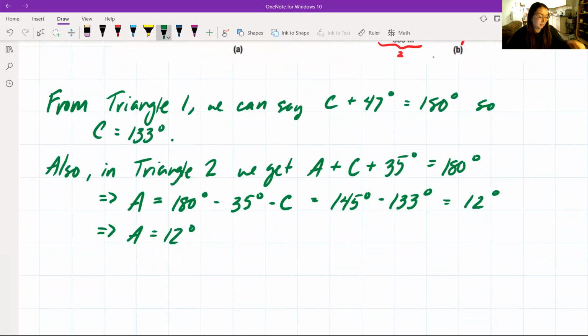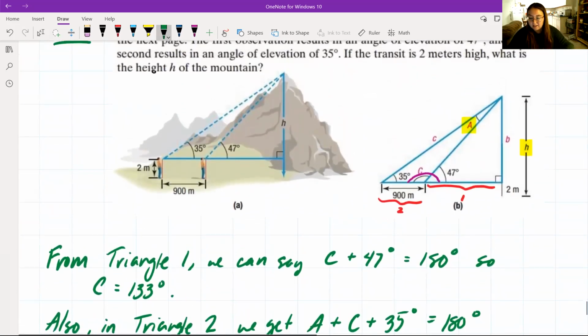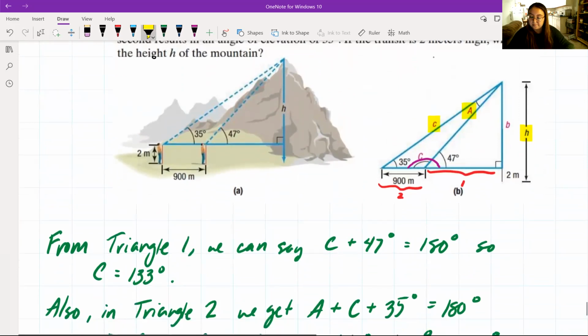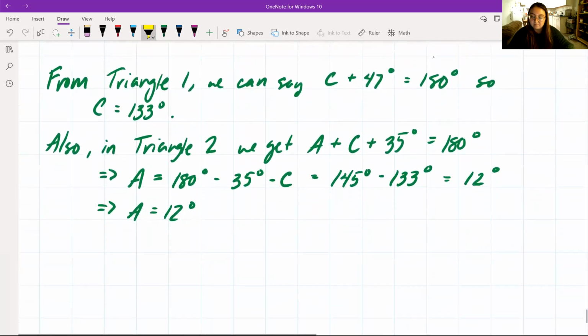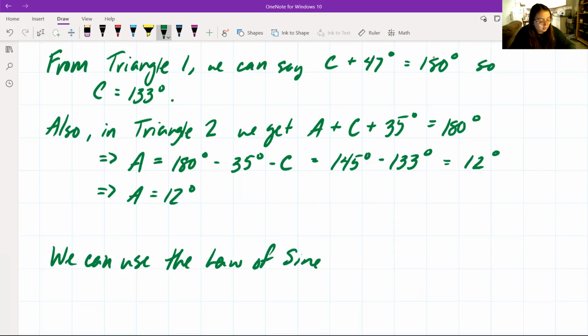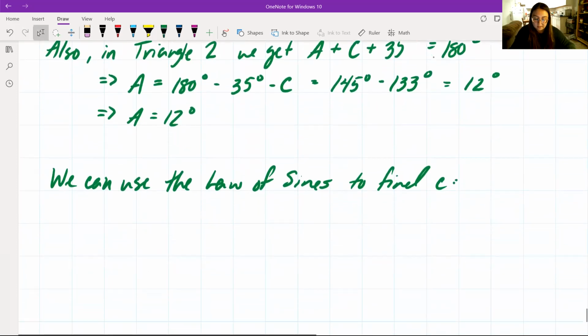Our angle measurement A is 12 degrees, and what we want to do is find the value of lowercase c in this case. So we can use the law of sines to find lowercase c.